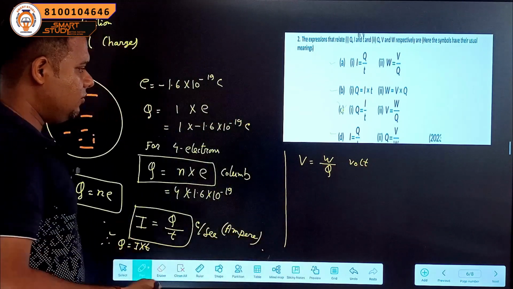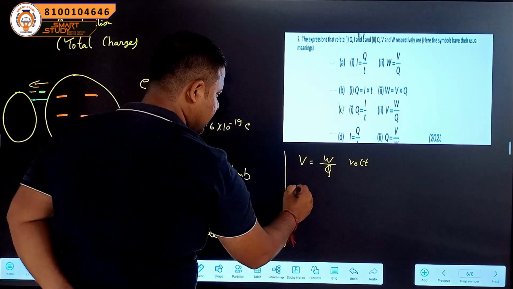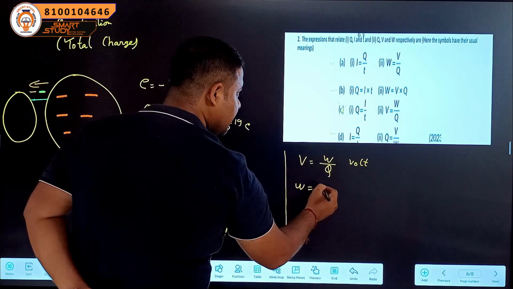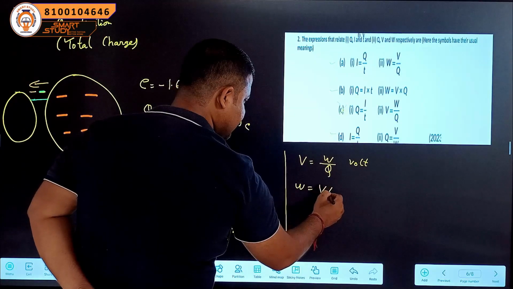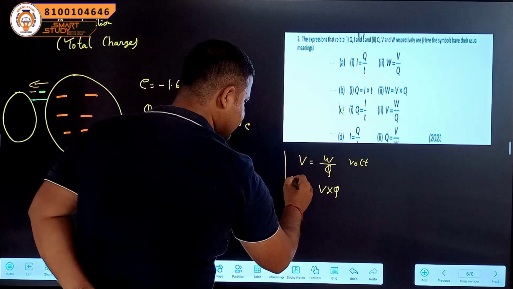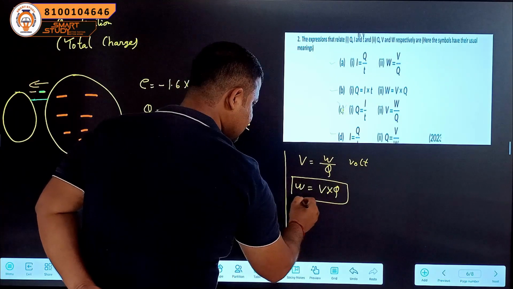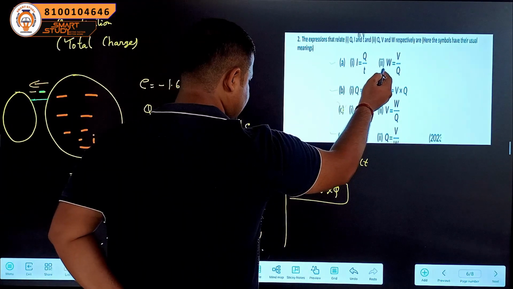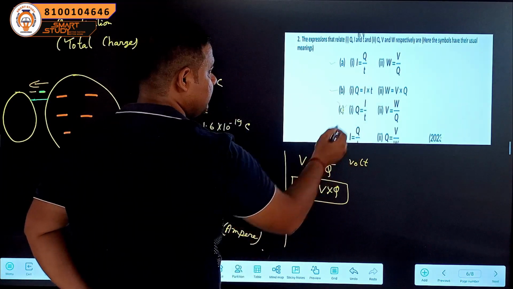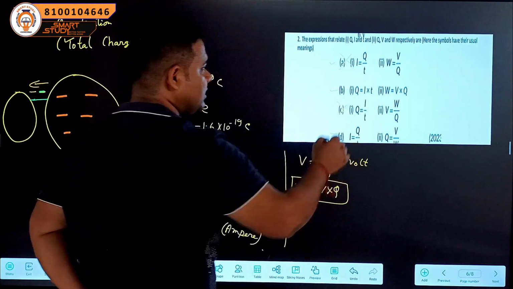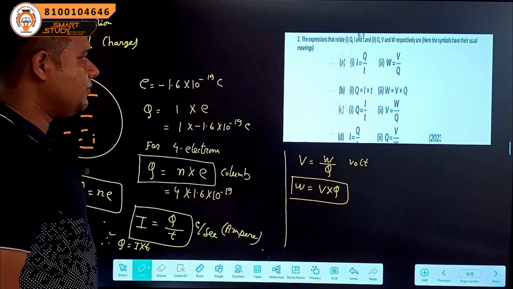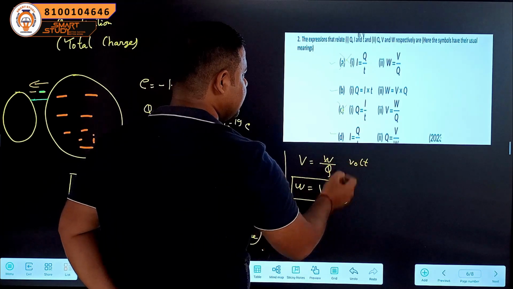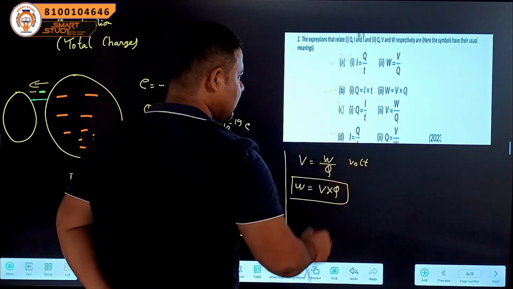So from there we can also write W equal to V into Q. Now let's match the options. W equal to V by Q, no. So option 1 is eliminated. Go for the next option. W equal to V into Q. Okay, this option is right.